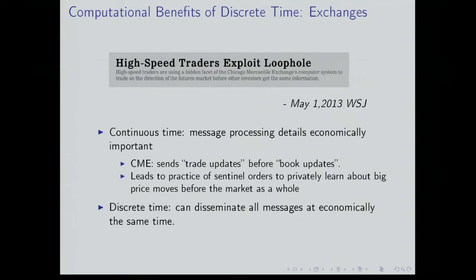The Chicago Mercantile Exchange's matching engine sent out the trade updates before the book updates. So savvy high-frequency traders figured out that if they put sentinel orders in the book, they could get information that there had been a large market move before it was publicly disseminated. In discrete time, all of this goes away. You can disseminate messages at economically the same time.